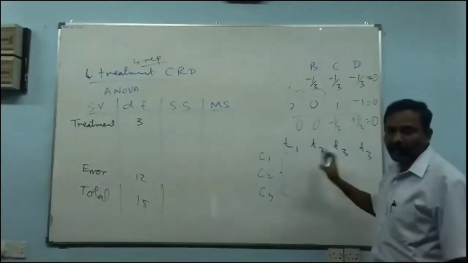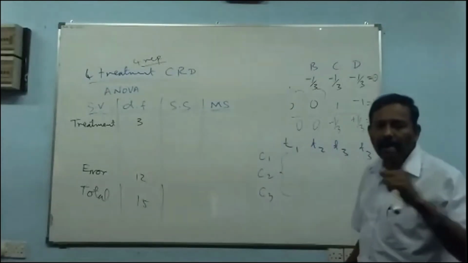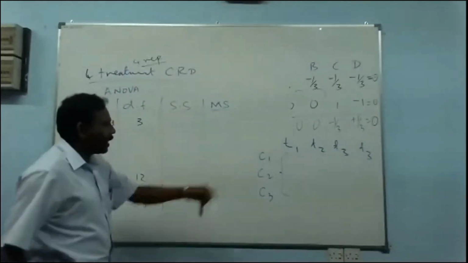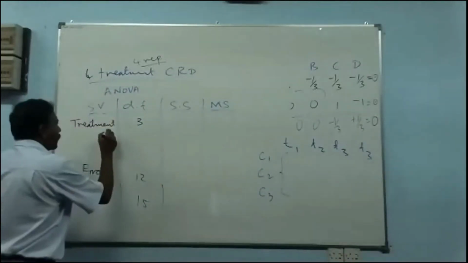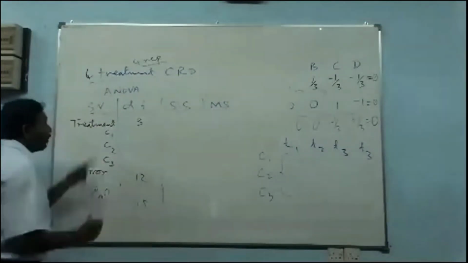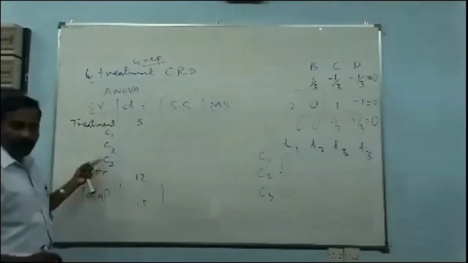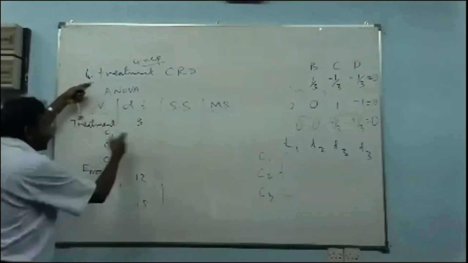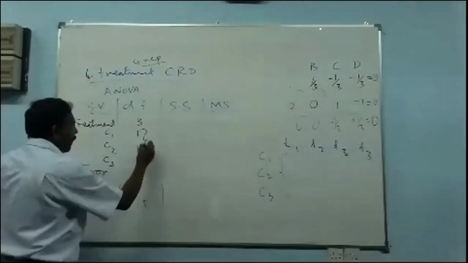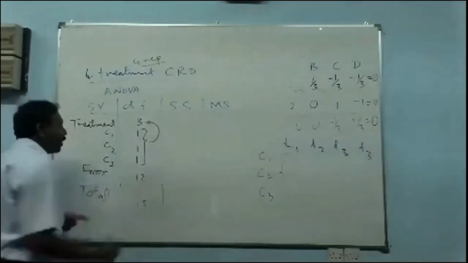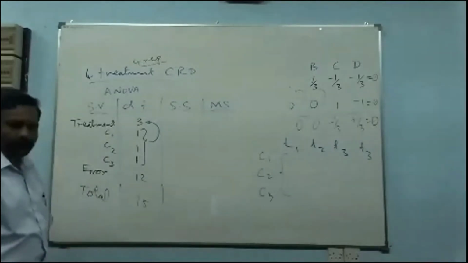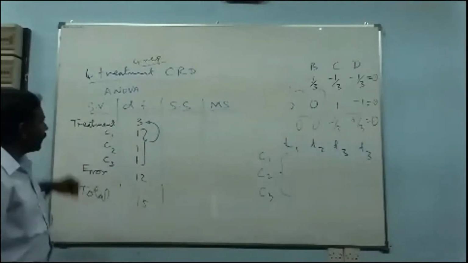So here 4 minus 1, we can develop only 3 contrasts, C1, C2, C3, because there are 4 treatments. So their degrees of freedom is 1 each. If you add all these degrees of freedom of contrasts, that is equal to 3. Clear?